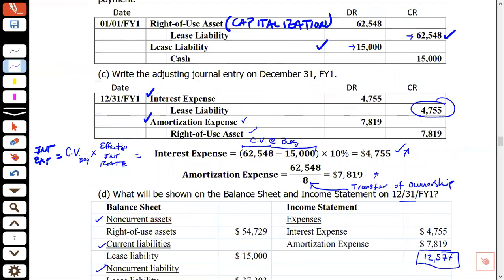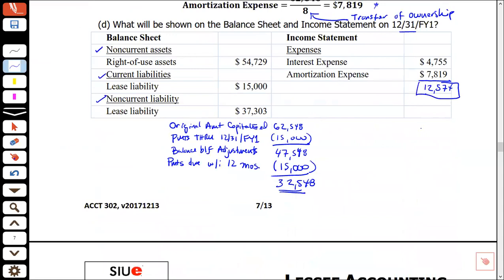Why did we credit lease liability? When usually, if you have a loan, it's interest expense and interest payable. But all we're doing is making lease payments, and they cover principal and interest. So the offsetting credit to the interest expense is to the lease liability. I get it.